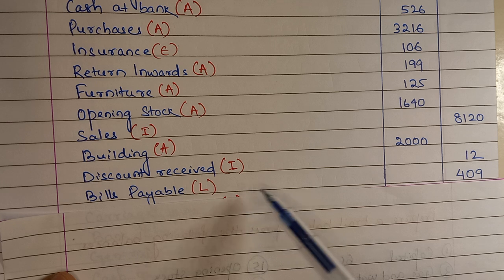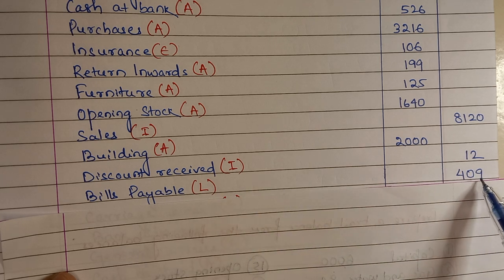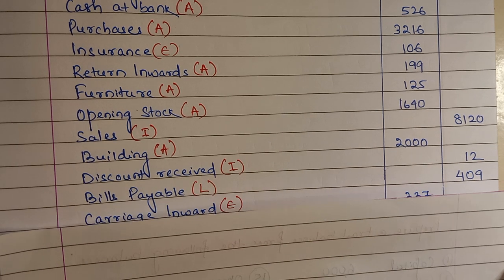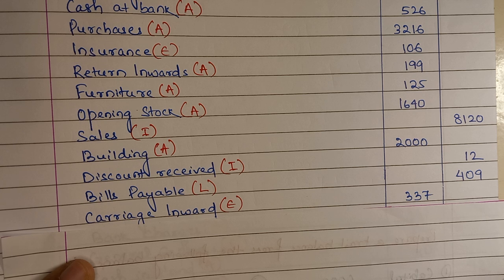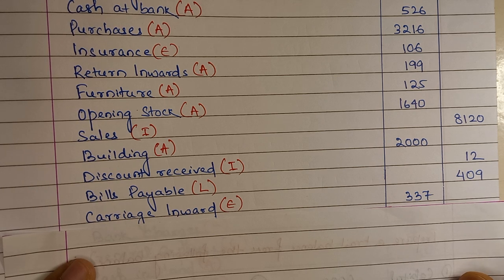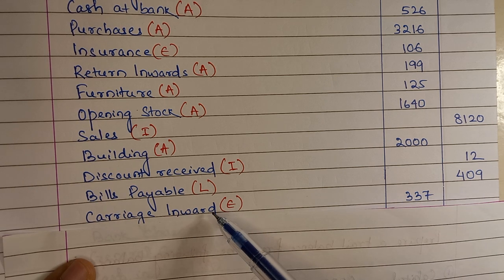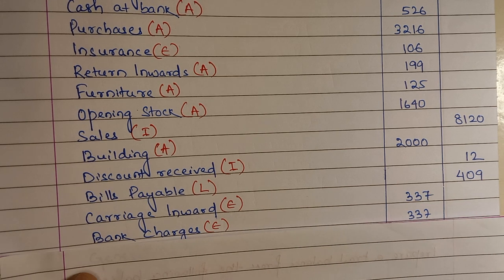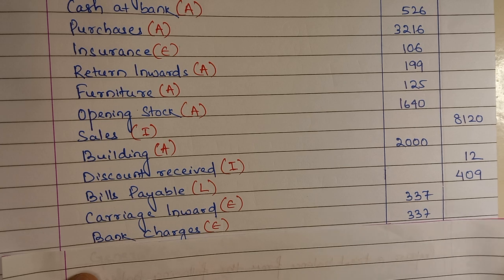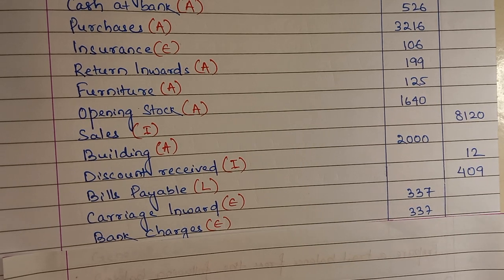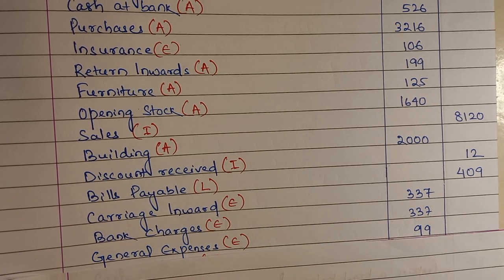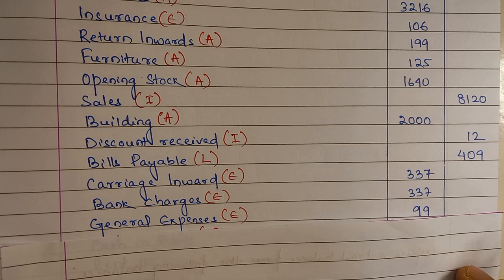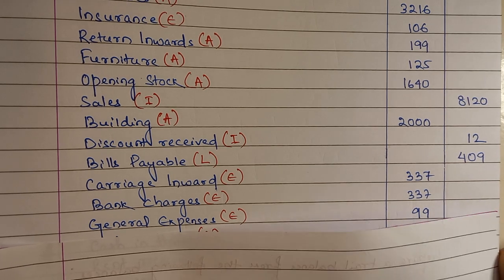You have to pay, it's a liability, so 409 is shown as credit. Carriage inward: when you're buying your material, you are spending this money, right? So it is an expense, so 337 is a debit. Bank charges, expenses, so it is debit. General expenses, an expense, so 99 rupees is shown as debit.